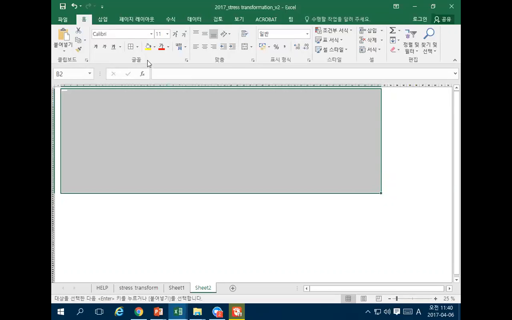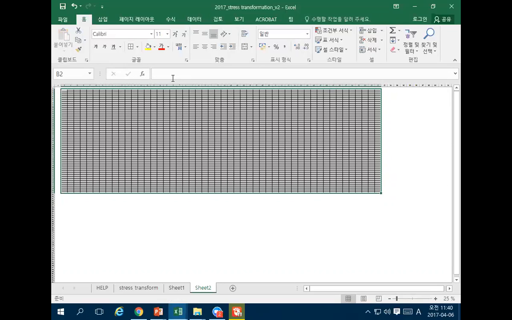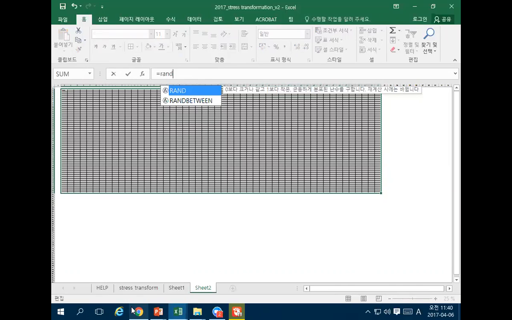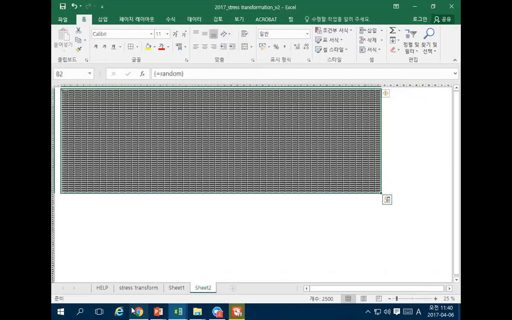This one is 50 by 50 and say equal random, 아무 밸류나.